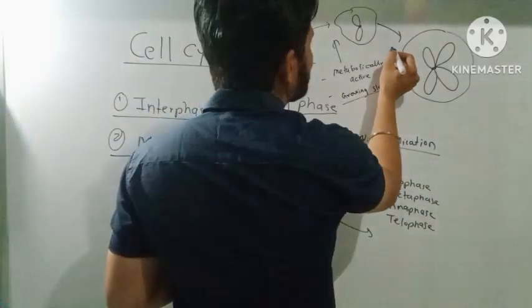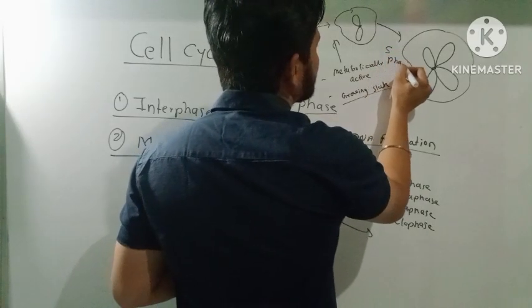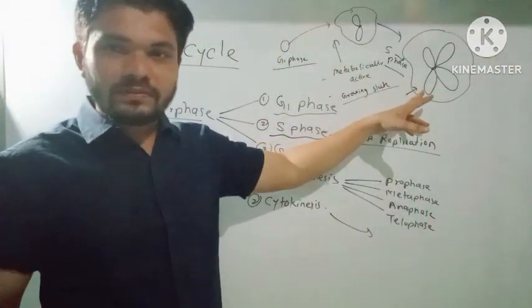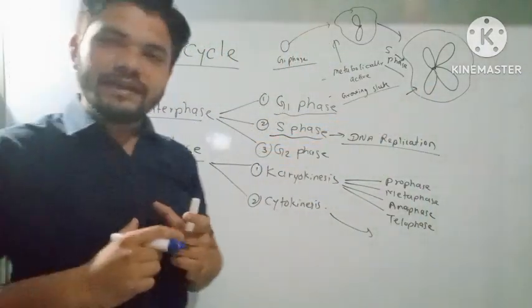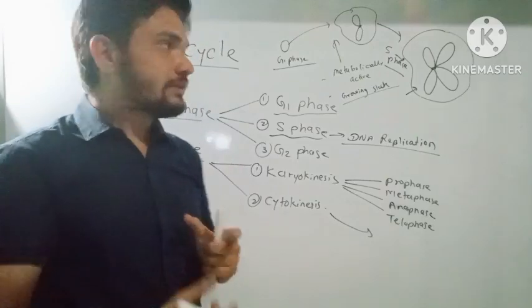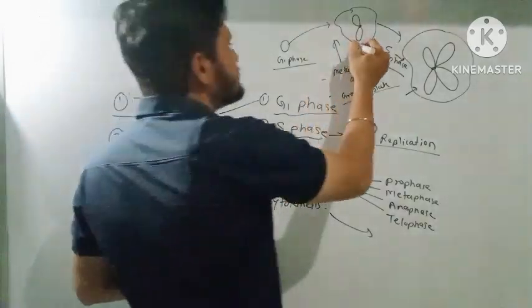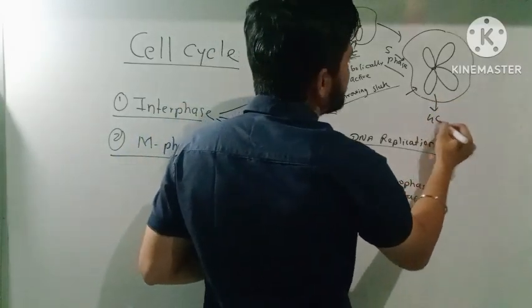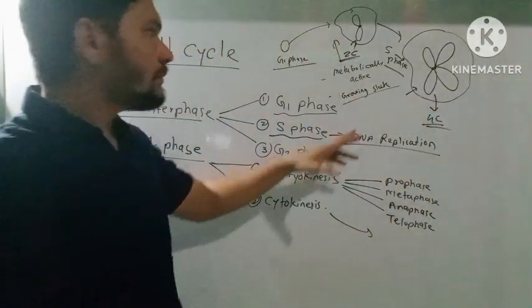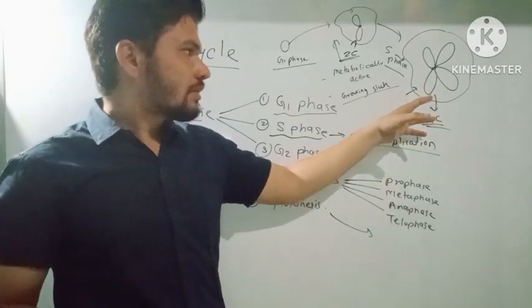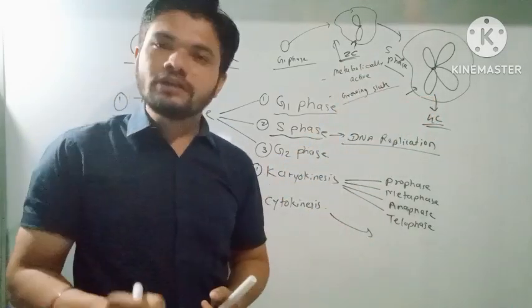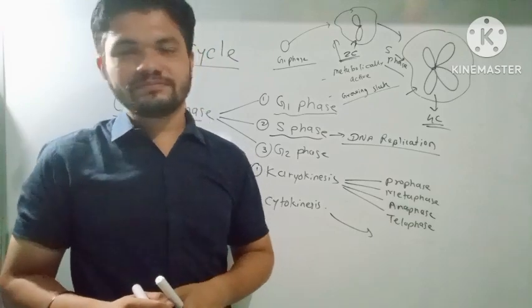In which phase? The S phase. So DNA replication is taking place in the S phase, and the amount of DNA is getting doubled. Remember, the amount of DNA only. So this DNA is 2C, and this will be 4C in the S phase. The amount of DNA is getting doubled, but not the chromosome number.